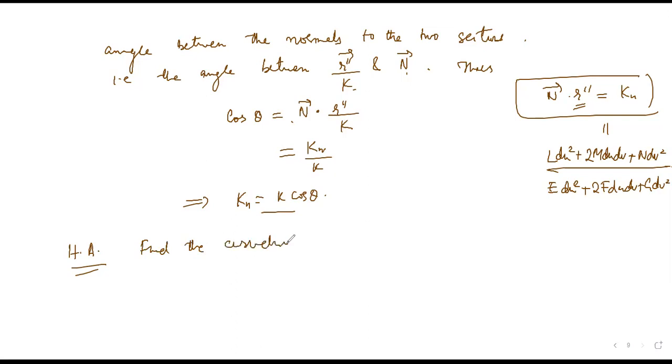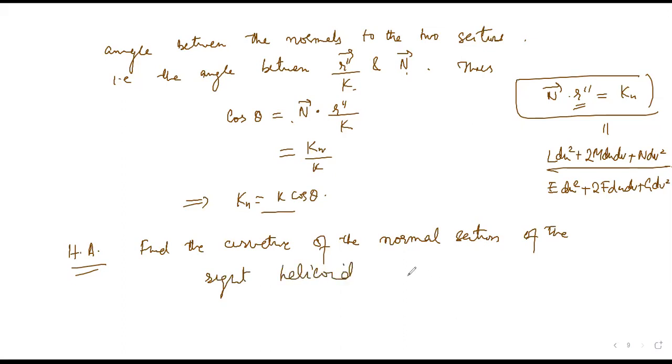Find the curvature of the normal section of the, इसको हम helicoid कहते हैं, right helicoid, जिसकी equation होती है R is equal to (u cos v, u sin v, cv). And of course, यहाँ पे जो u, v are the variables and c is the constant.